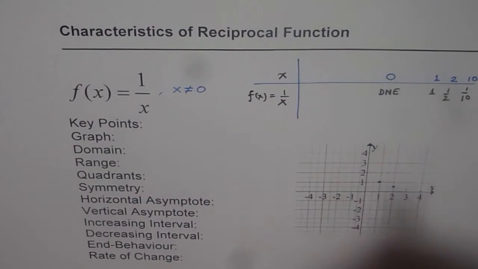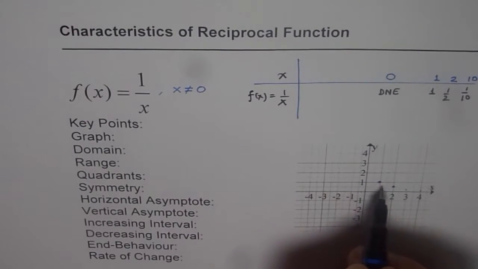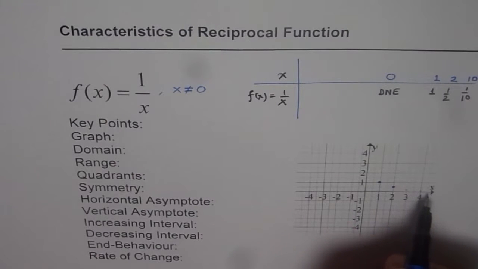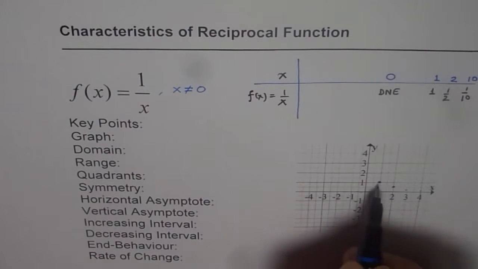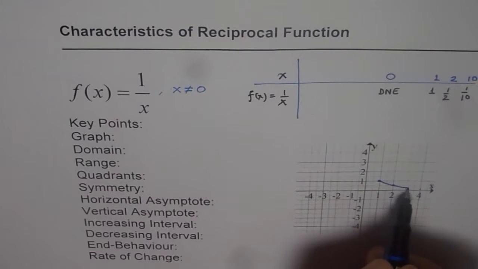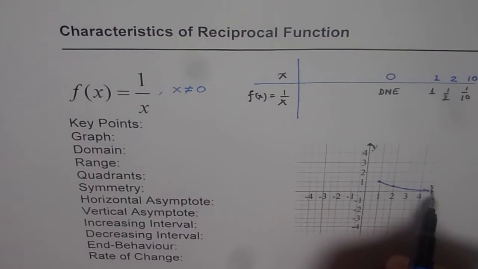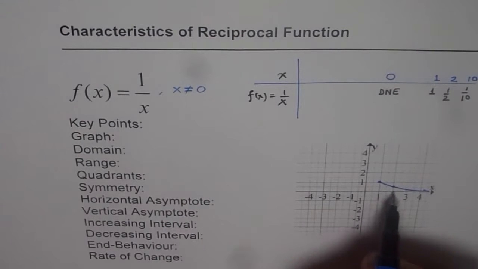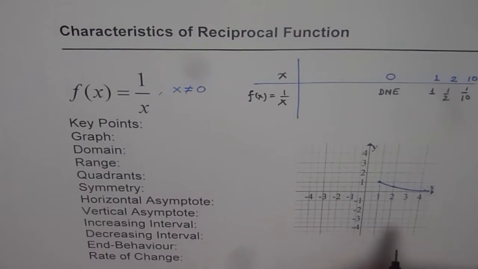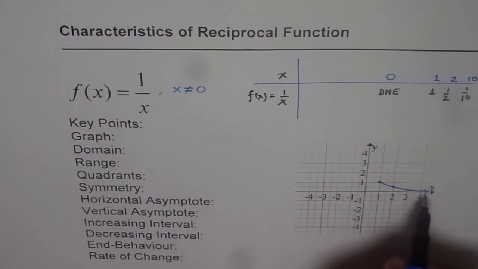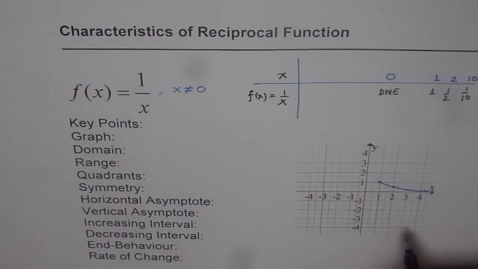So as the x value increases, f of x decreases and becomes closer and closer to 0, but it is never 0. So we can make this graph kind of like this, and I'm drawing an arrow here indicating that we are approaching 0 from the positive side, but we are always in quadrant 1 in this particular case.